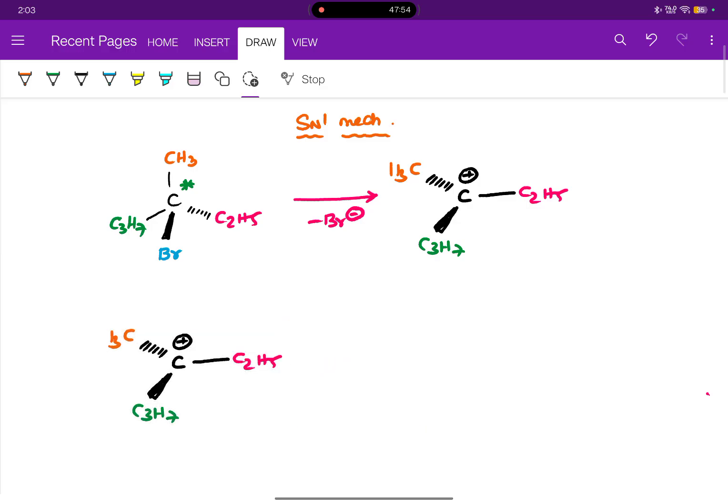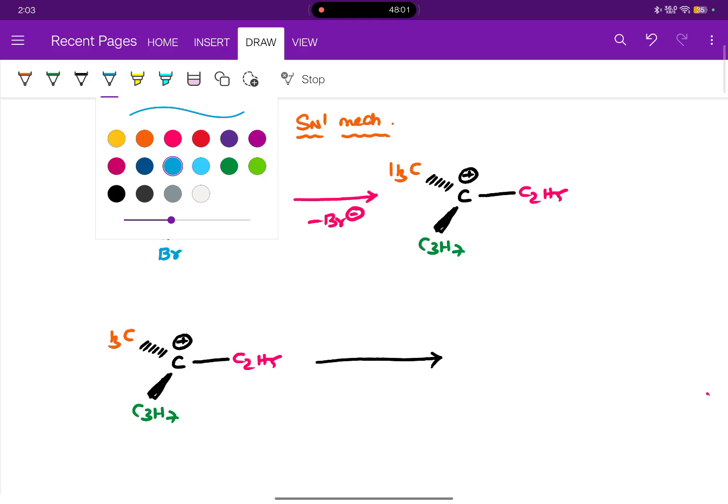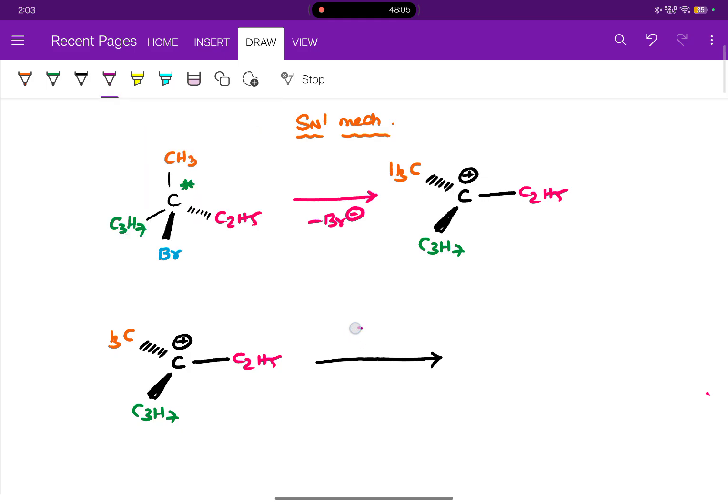Now the question is, the next step is a fast step where the hydroxy group is going to come and attack. So the OH minus is going to come and attack. My question: will the OH minus come and attack from the top side or from the bottom side? Apply mathematics: probability, can it attack from above or from below?